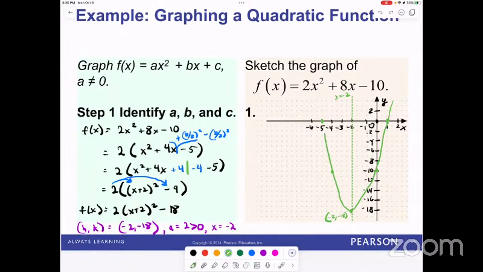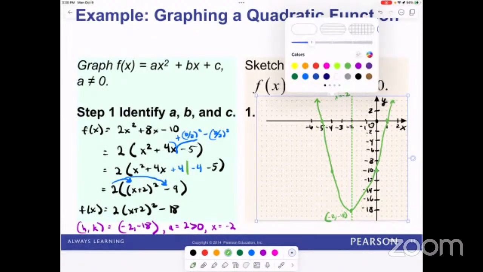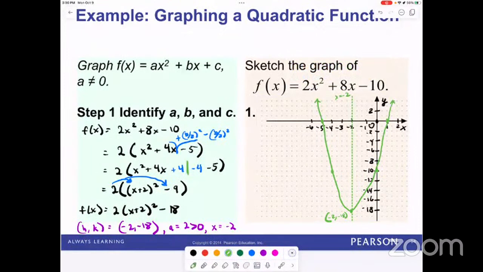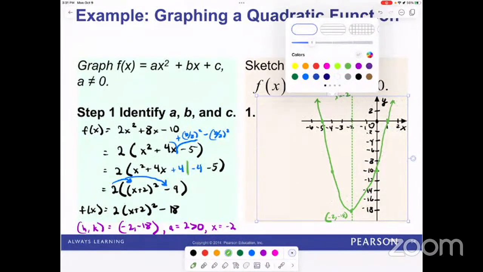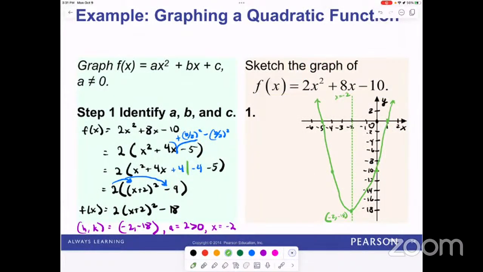I'm just going to resize and reposition this. A little bit better.